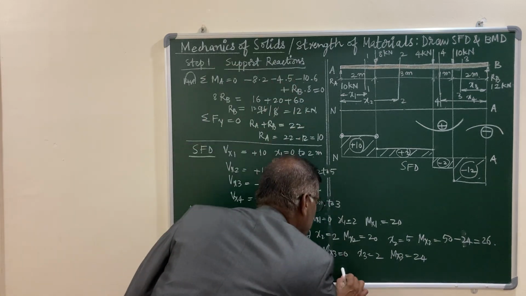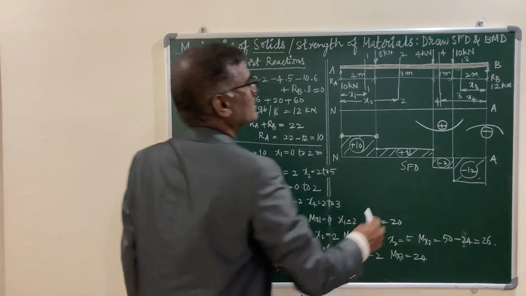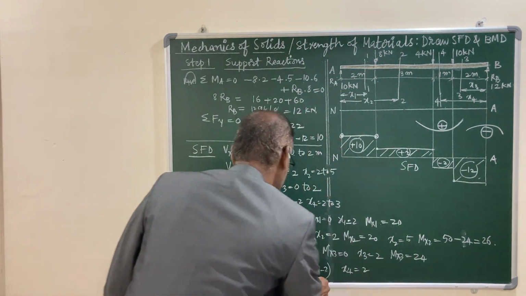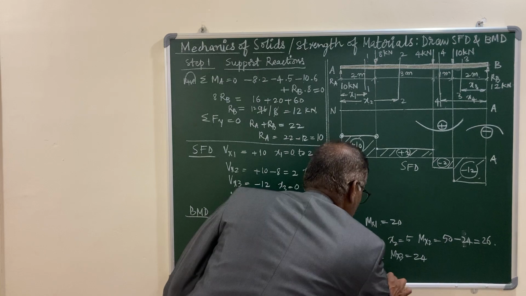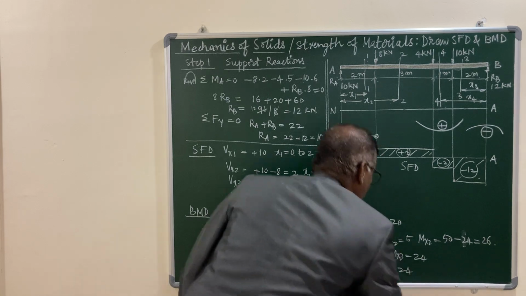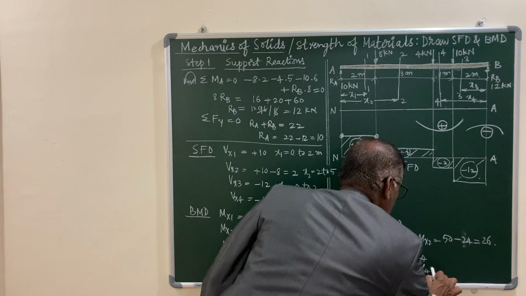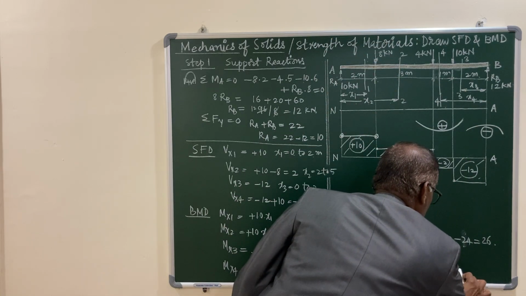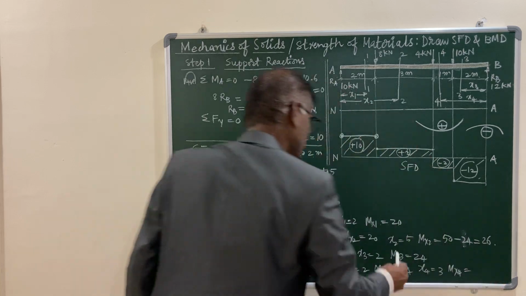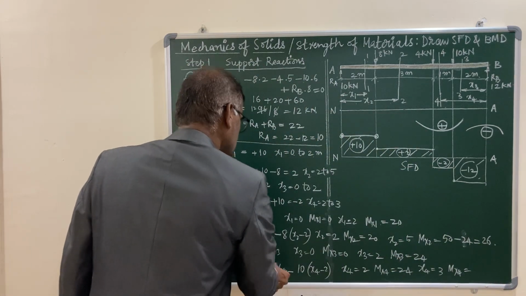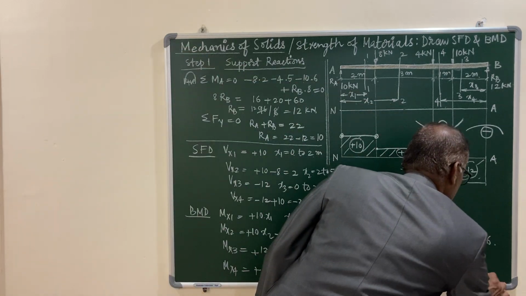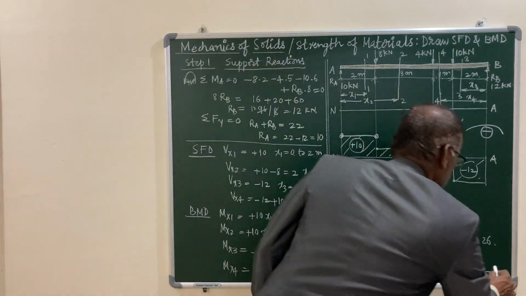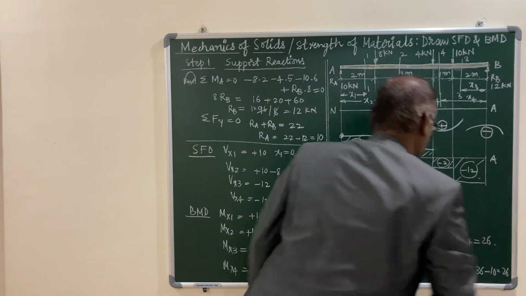When you substitute x4 is 2, this becomes 0 and you have 24, so the beginning value of Mx4 is 24. And when x4 is 2 plus 1, that is 3, Mx4 will be 12 3s are 36, minus 3 minus 2, it is 1, 1 into 10, that is 10, you have a 26 value.